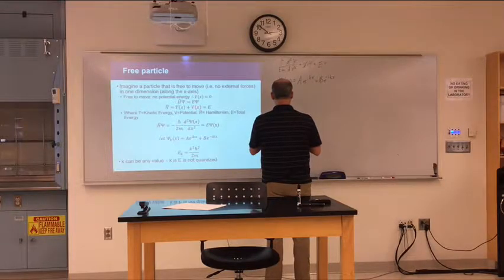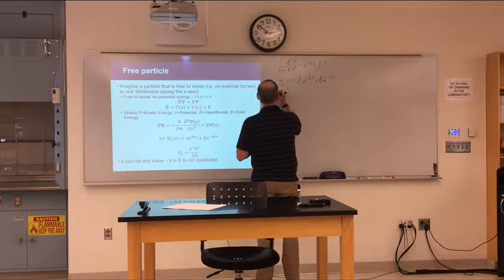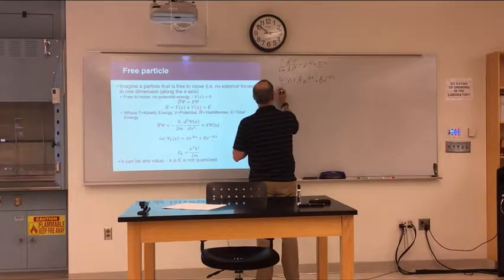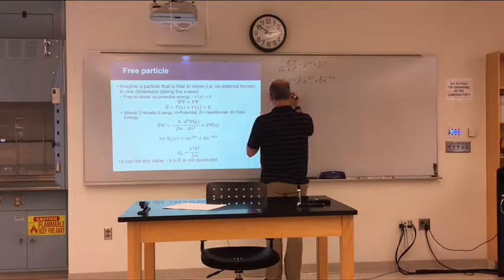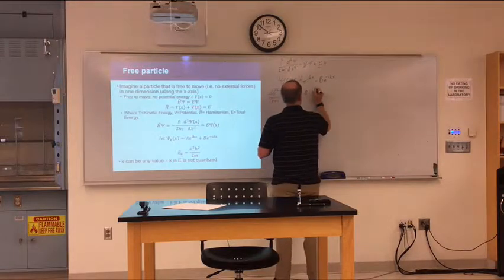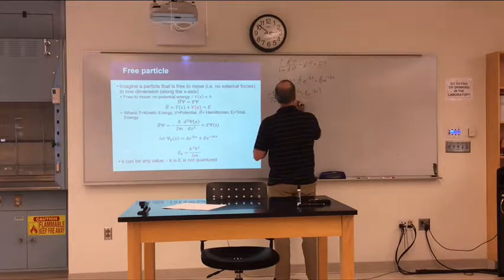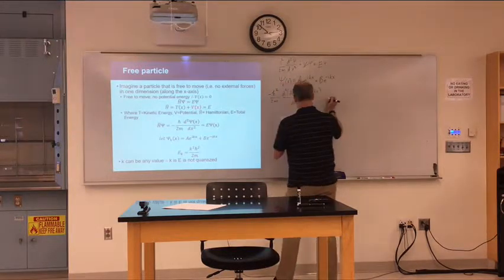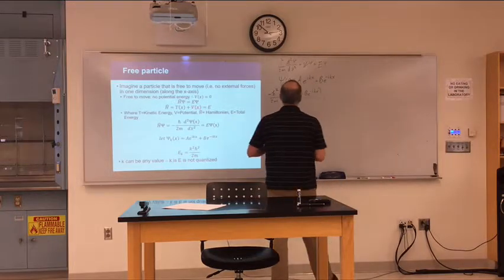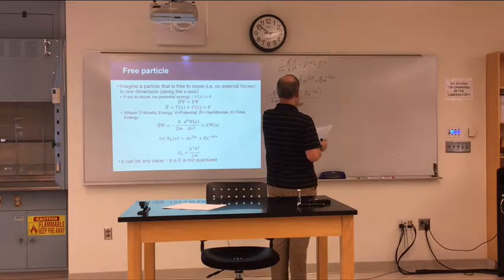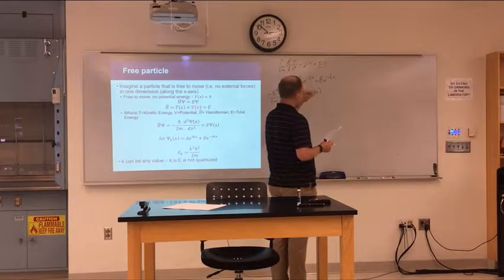So taking, we're going to do negative h bar squared over 2m, taking the second derivative of that, d squared of a e^(ikx) plus b e^(-ikx), over dx squared. Okay, we can break this up into two derivatives, right?